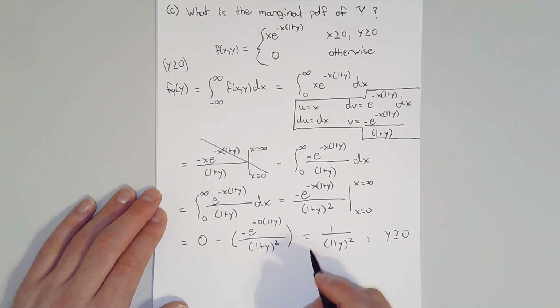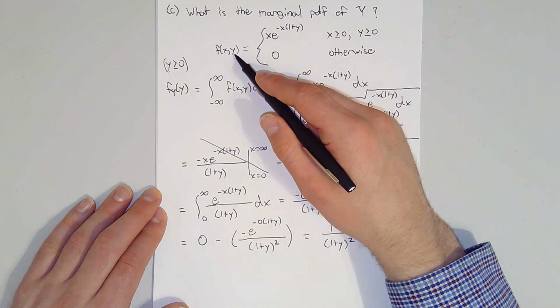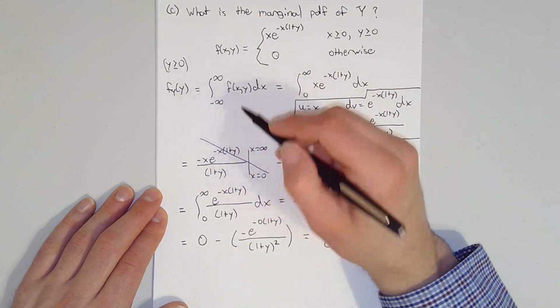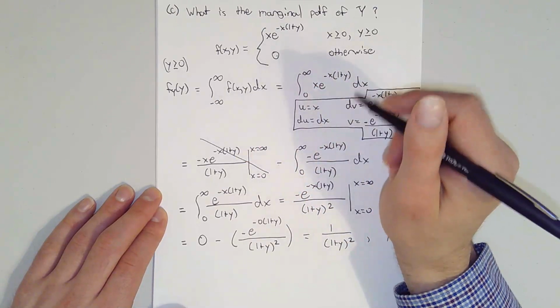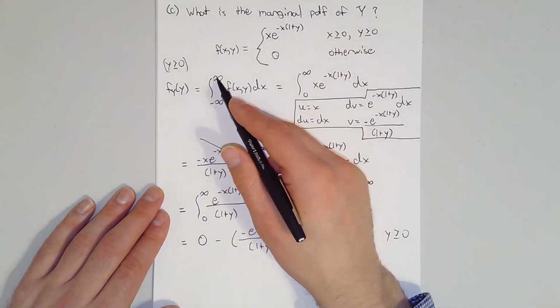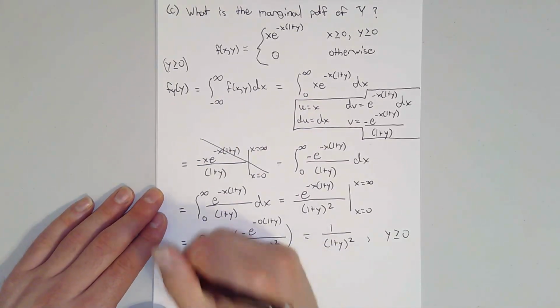In the case that y is less than 0, our PDF, joint PDF, is 0. So therefore, our marginal PDF must also be 0. It's the integral from negative infinity to infinity of 0, which is 0. So therefore, we have the final answer.